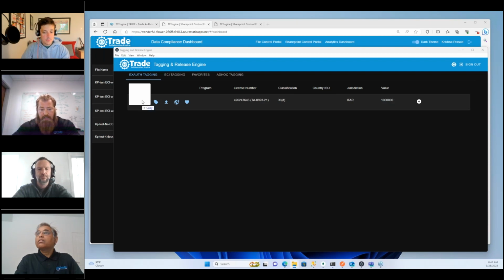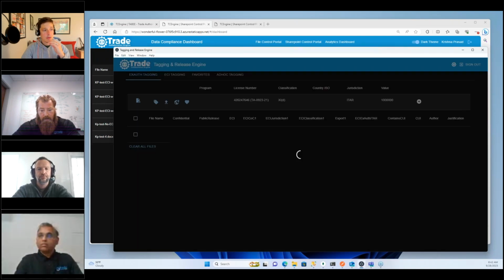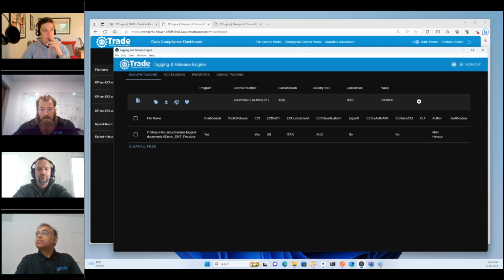And so all Krishna has to know is that I have ECI for this line item, and he drags and drops it in, right? And it's going to go out and look at certain aspects of this authorization and essentially apply the metadata tags that are going to be required for compliant release.